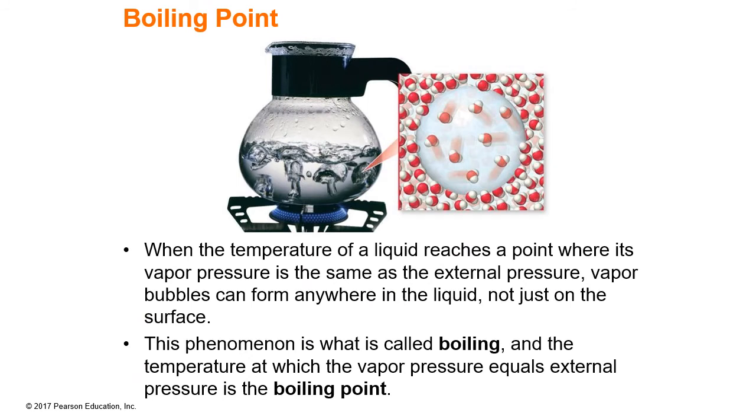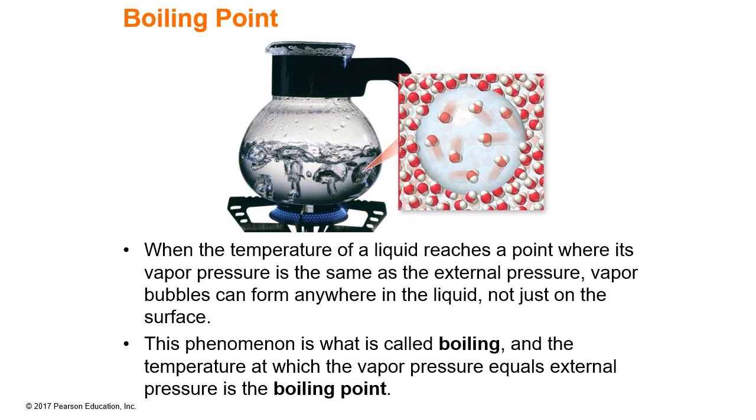In order for a substance to boil, the temperature of the liquid has to reach a point where the vapor pressure is the same as the external pressure. This is when we start to see bubbles forming anywhere in the liquid, not just on the surface, because those molecules have enough energy to turn into the gas phase even at the bottom of the substance, as opposed to just at the top that we've talked about with our dynamic equilibrium.